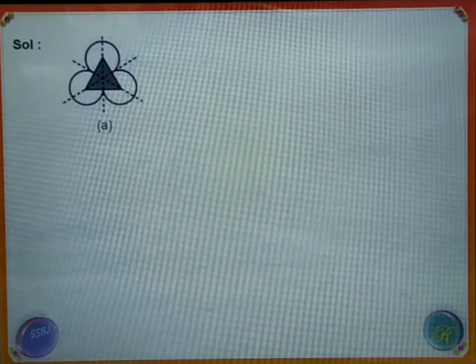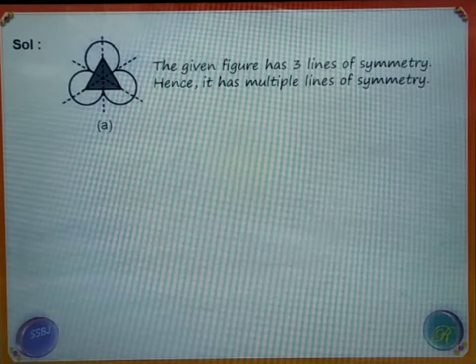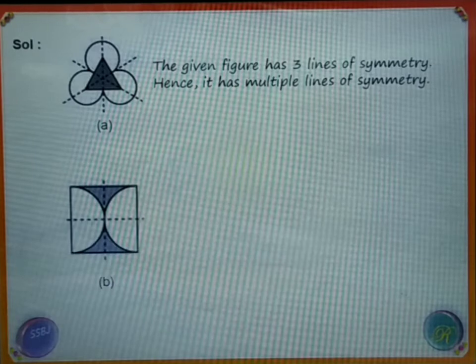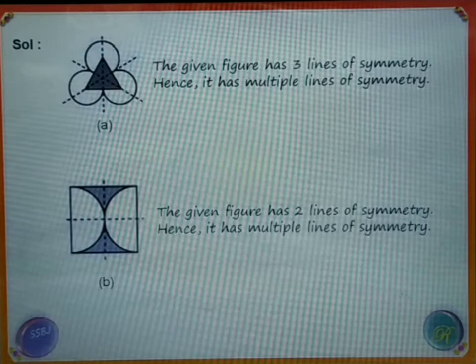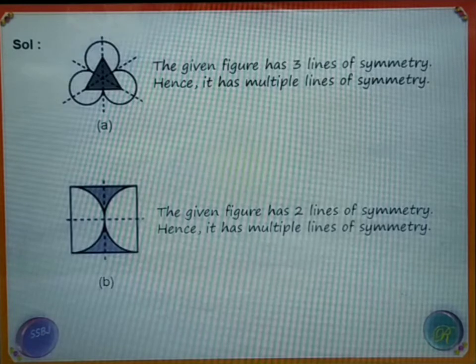Figure A. The given figure has 3 lines of symmetry, hence it has multiple lines of symmetry. Figure B. The given figure has 2 lines of symmetry, hence it has multiple lines of symmetry.